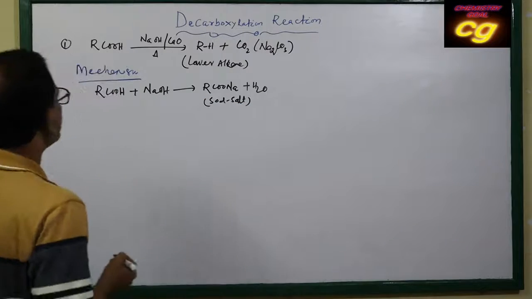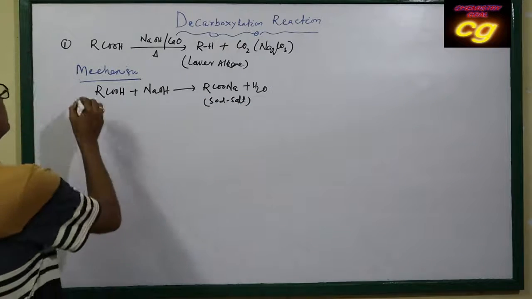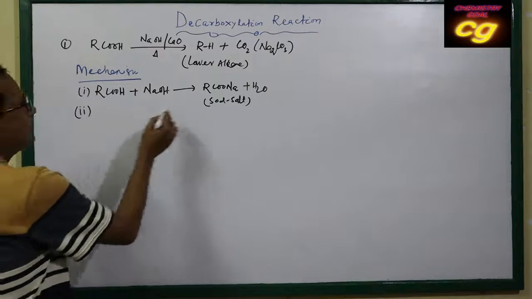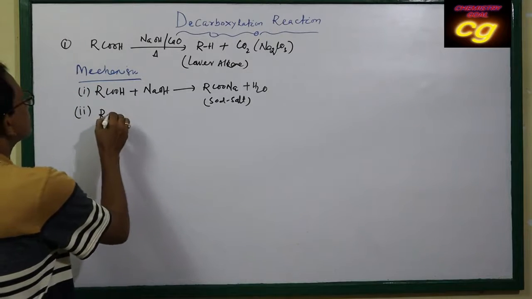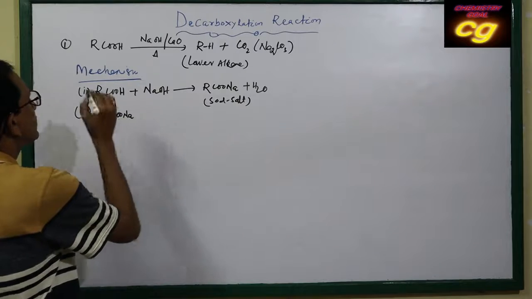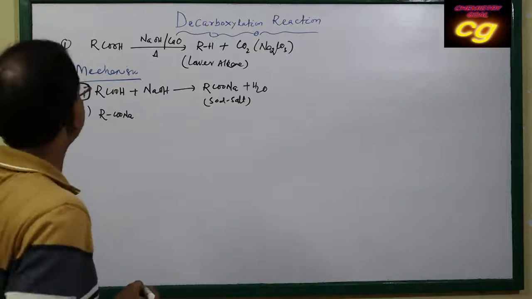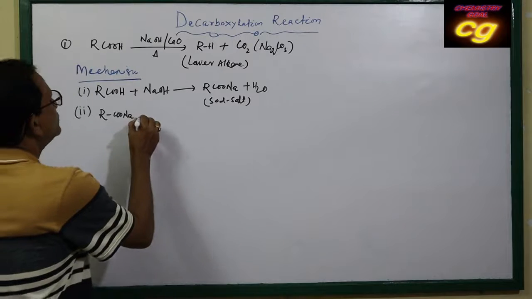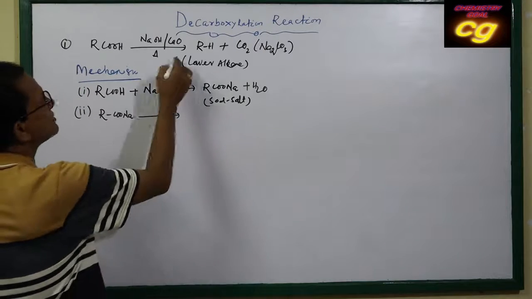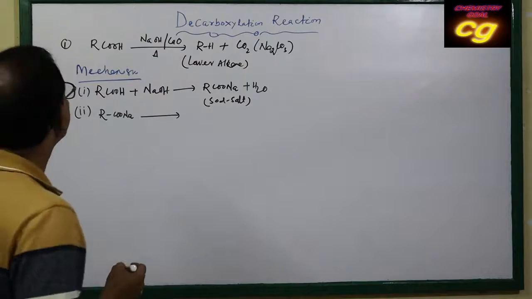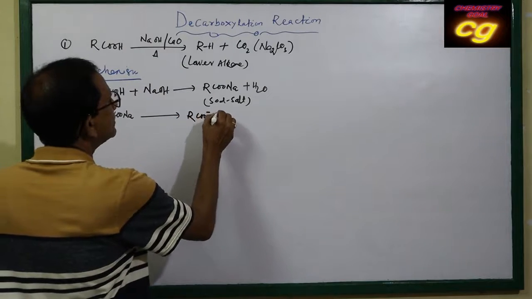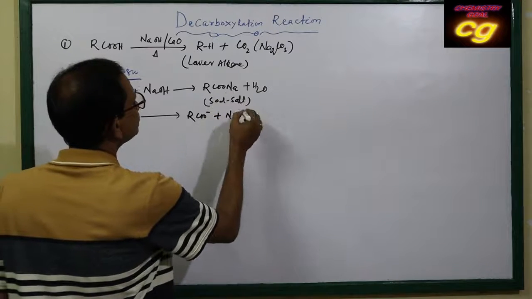This is the first step reaction. Then in the second step, the sodium salt of this carboxylic acid, in aqueous medium, as the medium is taken sodium hydroxide, dissociates into RCOO minus and Na plus.